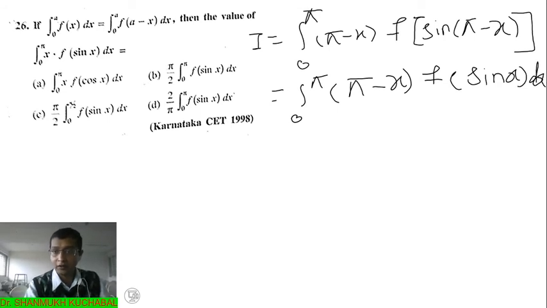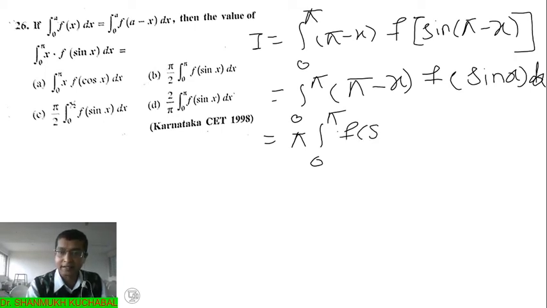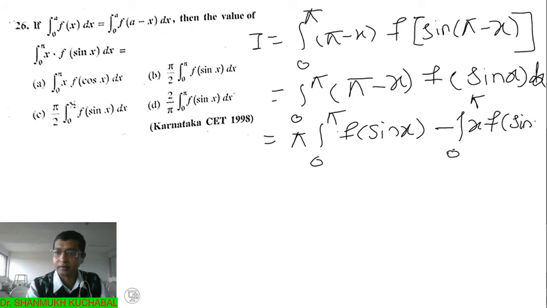Now pi into f of sin x, we get two integrals. The first one, pi is a constant outside, integration 0 to pi f of sin x. The other one is minus integration 0 to pi x f of sin x into dx, another integral.